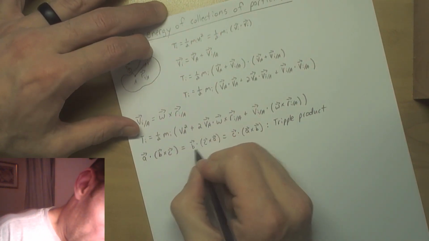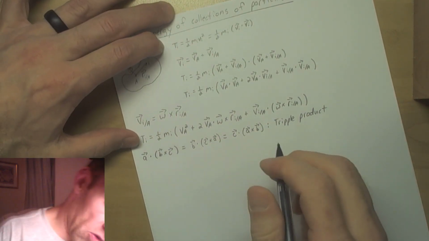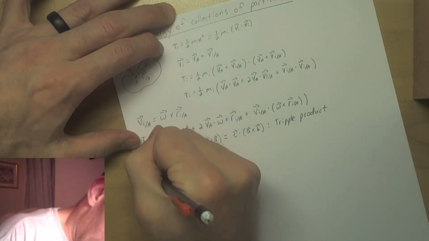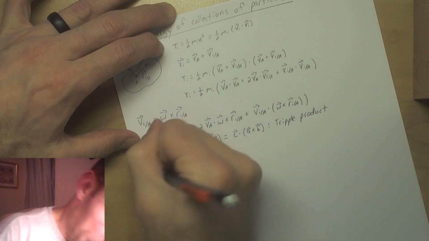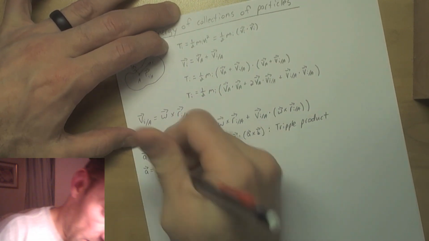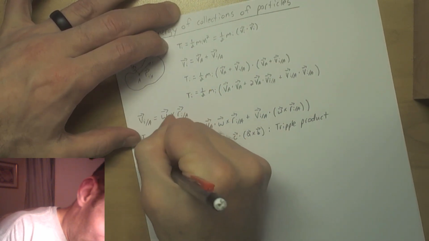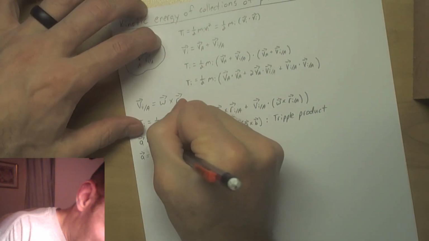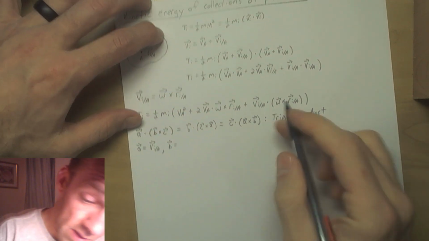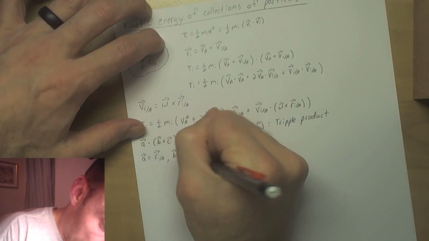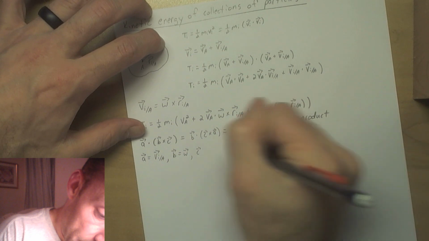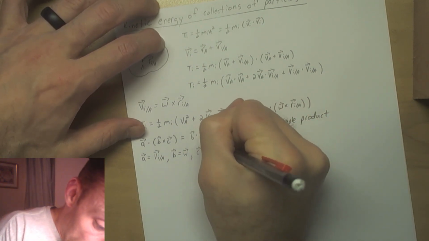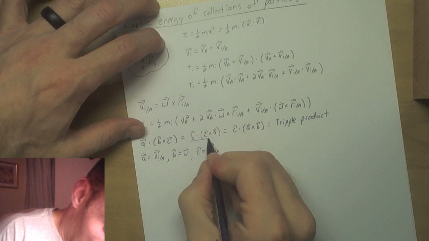So the one that we're going to want to do here, in this case, we have a situation where A is the relative velocity, B is omega, and C is the relative position. And so this is the operation I want to perform.